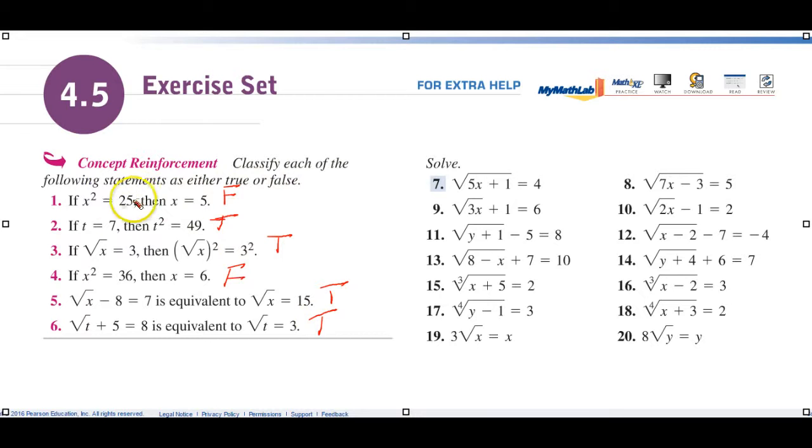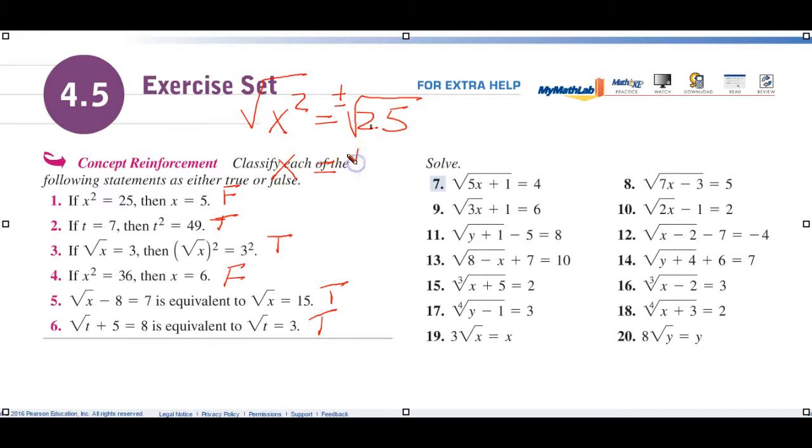Now, the ones that are false are a little bit tricky, because if you have x squared equals 25, then the real rule was if you take the square root of this side to get x, in order to ensure you get all your answers, it has to be plus or minus the square root of the other side.